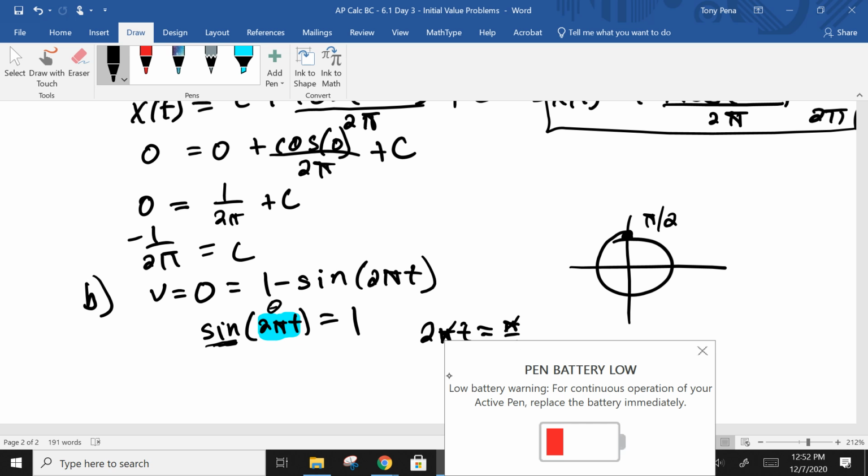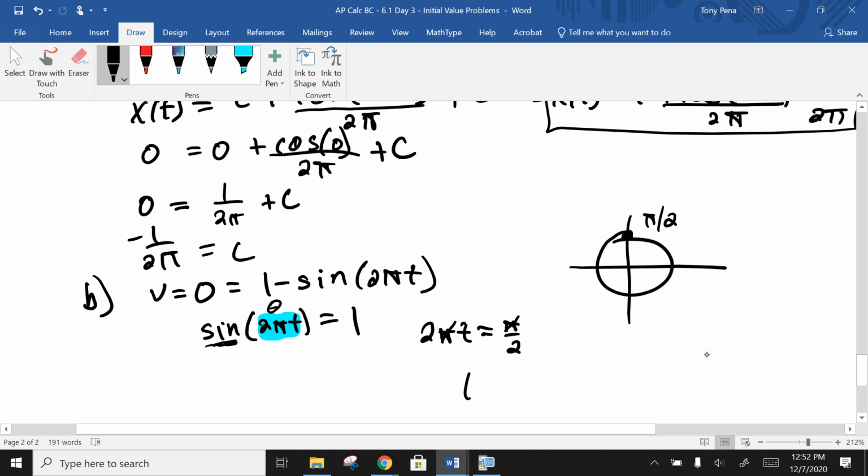Pi's then would cancel. And then if you now divide by 2, wouldn't that give us a 1/4? However, there's also another answer. I'm trying to write an and. Crap. That's what I was afraid of.